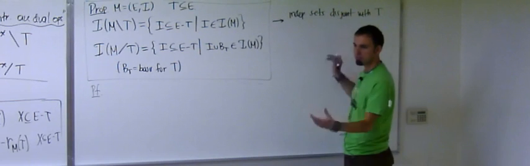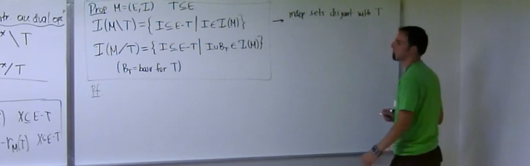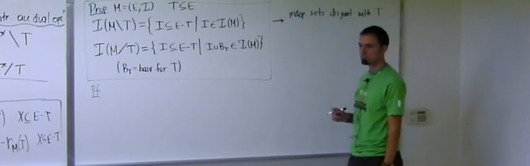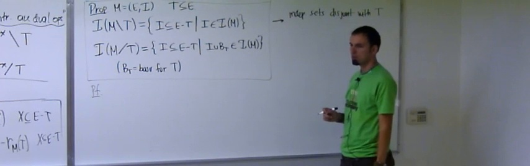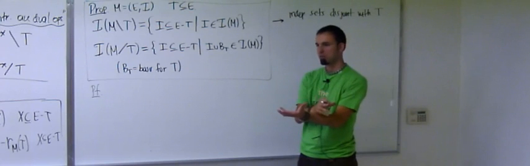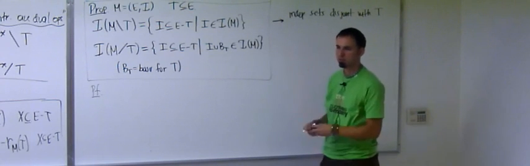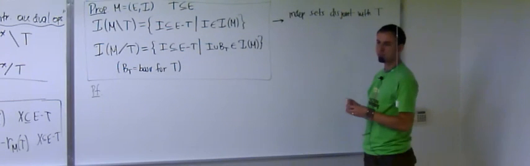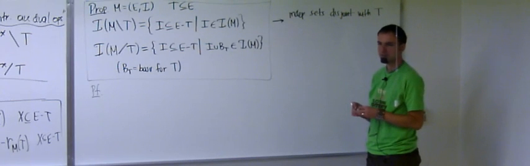You're going to get exactly the same thing. So you take each independent set and you throw away the elements of T that happen to appear in there. The collection that you're going to get is the same.